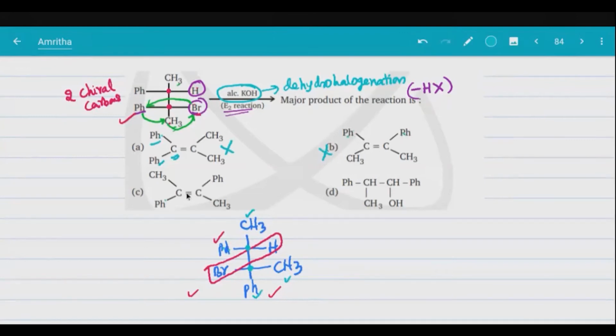But see, Ph on the opposite side: yes, option C. E2 means anti-elimination. This is always anti-elimination, 99.9%. But in a 1% case, in bridged bicyclic compounds, syn elimination takes place. But they are not in the syllabus, don't worry. What we do is cyclic compounds, monocyclic, and open chain. So focus on anti-elimination only.